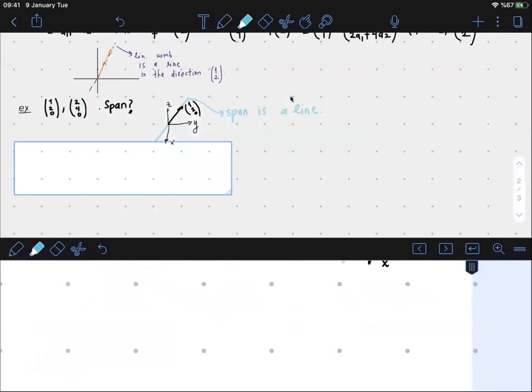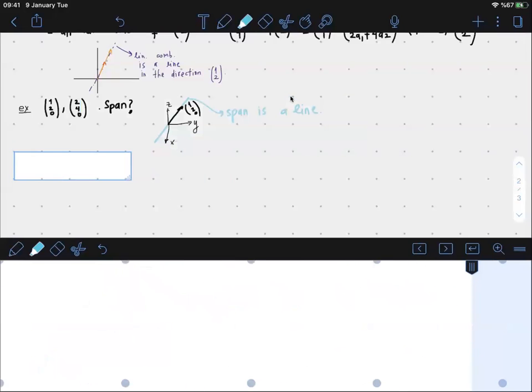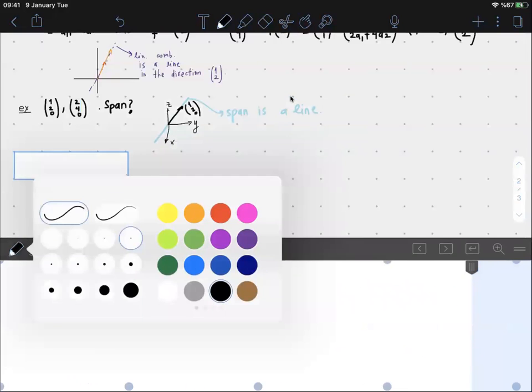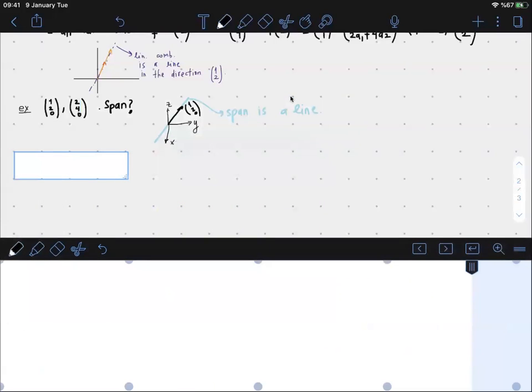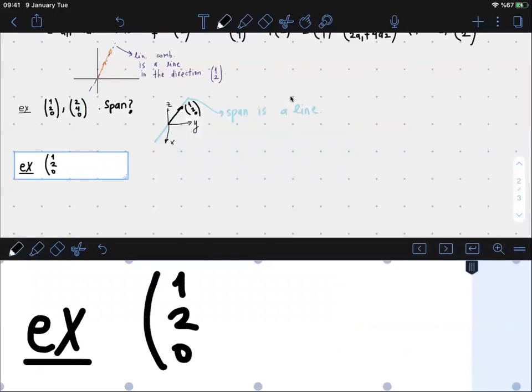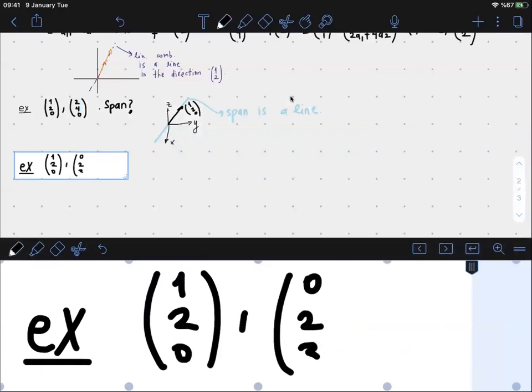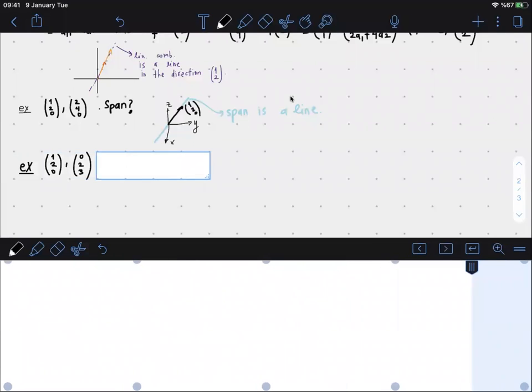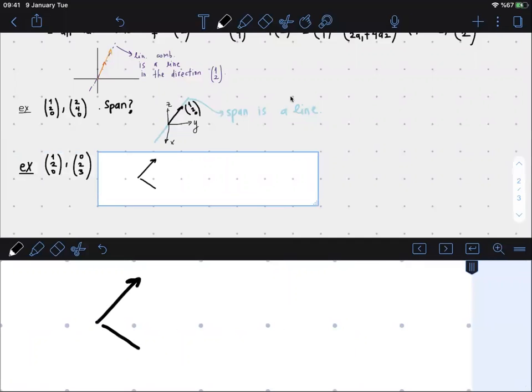If they are not multiples of each other, what could we get? If we have, for example, 1, 2, 0 and, I don't know, 0, 2, 3, what is the span of these two vectors? Now, these two vectors are not multiples of each other. So 1, 2, 0 is a vector, and 0, 2, 3 is another vector.